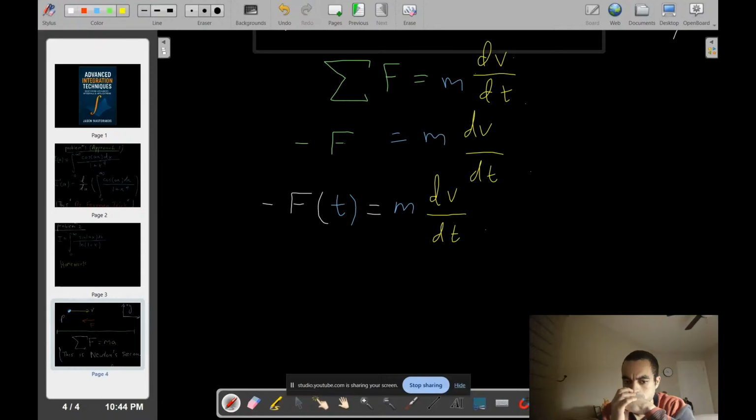Just 1 second. If I could represent F with anything else, the force is not retarding. I don't think it's retarding because it just says it's resisting according to the problem. I want to make sure it is.